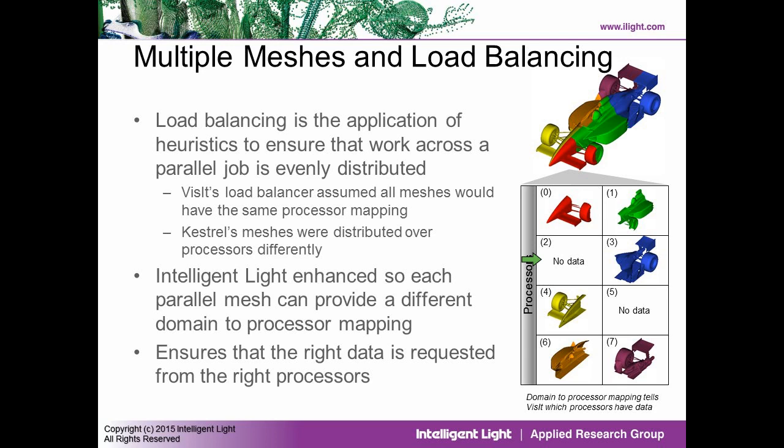So we went into VisIt and enhanced its load balancer so that it would actually get the right grid to processor mapping from the simulation for the mesh that's being requested. What this means is we no longer ask processors that don't have any data to give us data. That improved things a lot when we went to use a code like Kestrel, which has these different meshes with data that might move around on different processors.